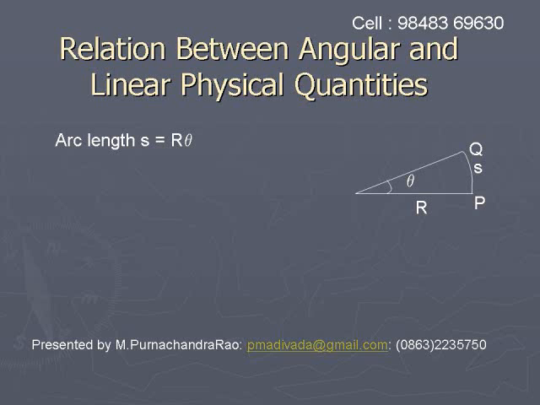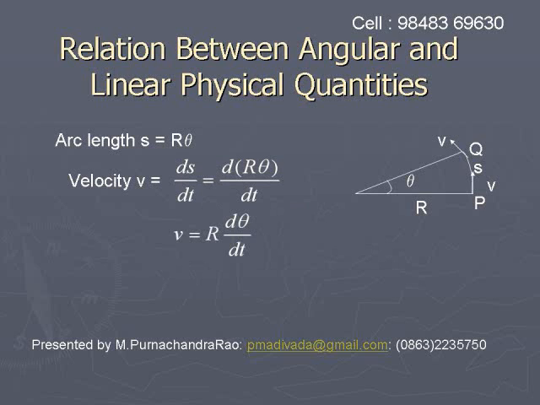Arc length is equal to radius into angle. The speed or velocity is described as ds by dt. Rate of change of distance is speed. Rate of change of position is velocity. So it is written in the form v is equal to ds by dt.